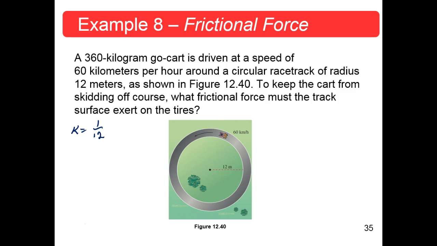Okay? The speed is 60 kilometers per hour, so your speed squared would be 3,600. Now these are weird units. Kilometers squared per hour squared. Okay? The units for this curvature is per meter.